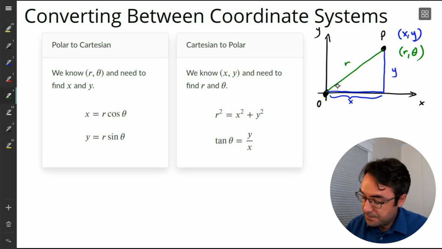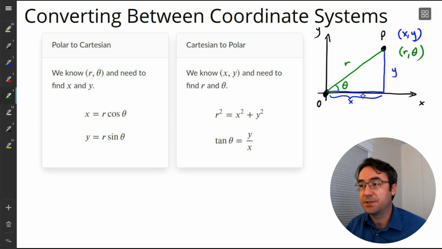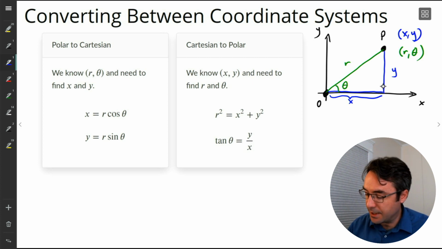And theta gives us the angle measurement from that line connecting the origin and point P with our polar axis, which is normally the positive x-axis right here. So r gives us the distance, theta gives us the angle value if we're thinking in terms of polar coordinates, x gives us this horizontal distance, y gives us this vertical distance if we're thinking in terms of Cartesian, and what we've just drawn here is a right triangle.